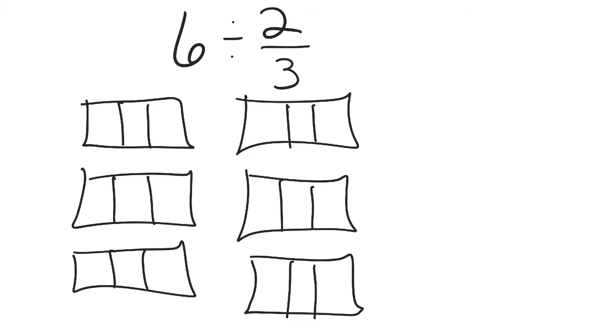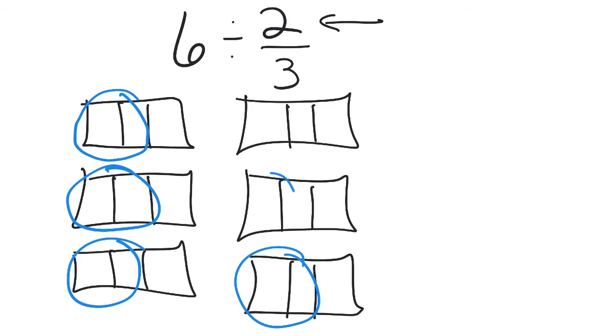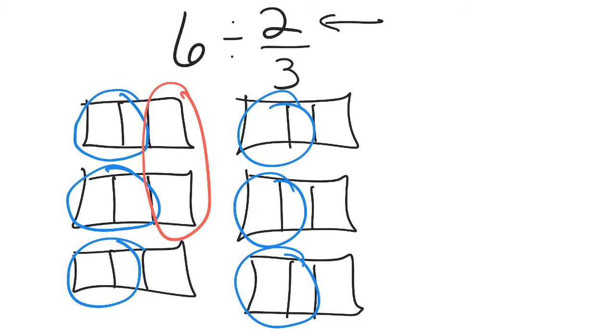So that means we need to break them into thirds. And then the 2/3 tells us how to group them. So for every 2/3, I'm going to make a group. So those are 2/3, they become a group. A group, a group, a group, a group, and a group. But we have some left over. So we can group those 2 together, and that makes 2/3. Same thing on this side.